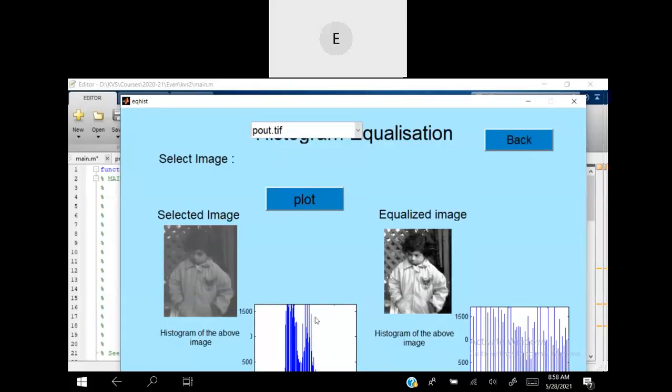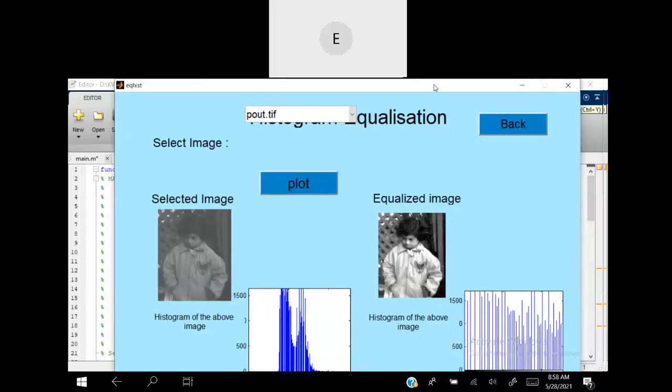So observe here, this is a low contrast image. The gray levels are crowded in between, whereas in this case you have almost all the gray levels. Okay, it's not exactly uniform, but at least you can see that it is having almost all the gray level values. So this is one example.